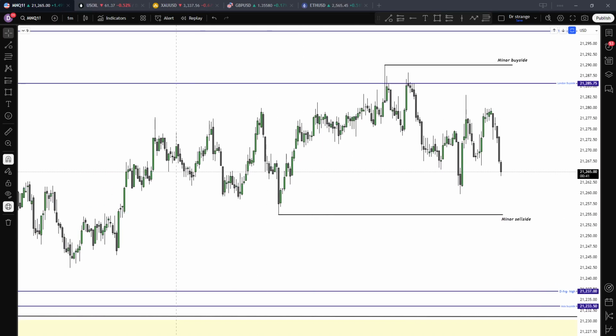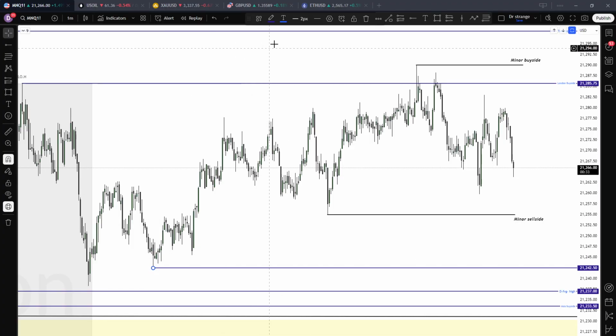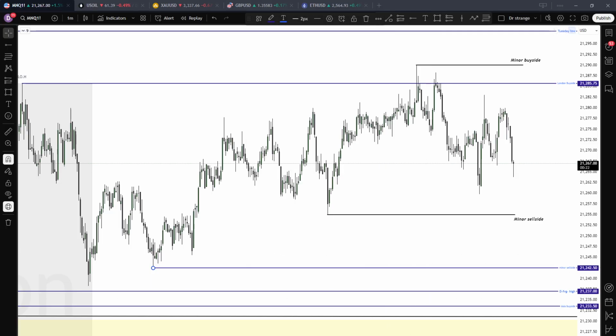And we have more sell sides down. These are all potential targets.